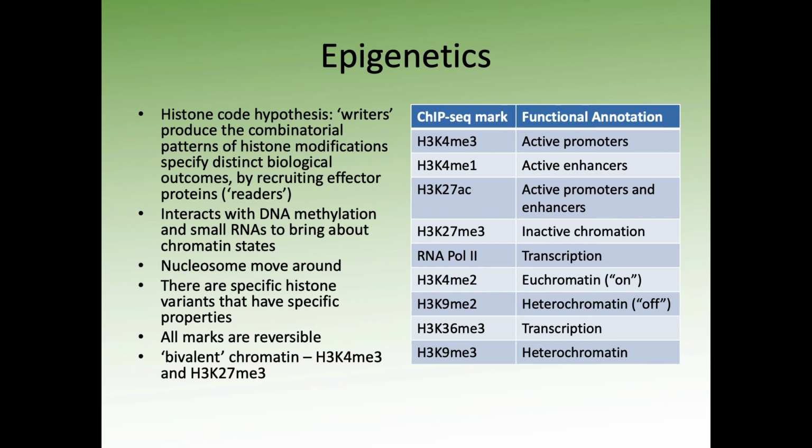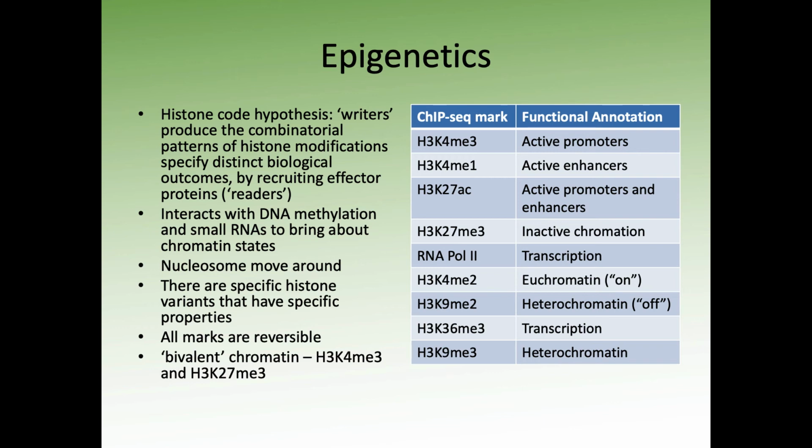So H3K4me3, which is a tri-methylation of the fourth lysine in the H3 histone, would indicate an active promoter, and H3K4me1 modification would indicate an active enhancer. H3K27 acetylation shows both promoter and enhancer activity.